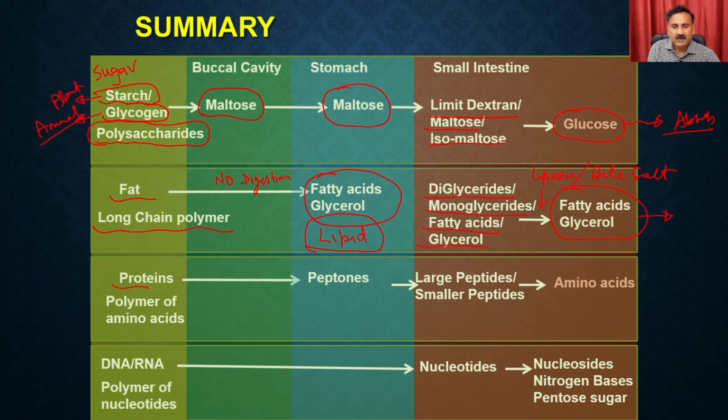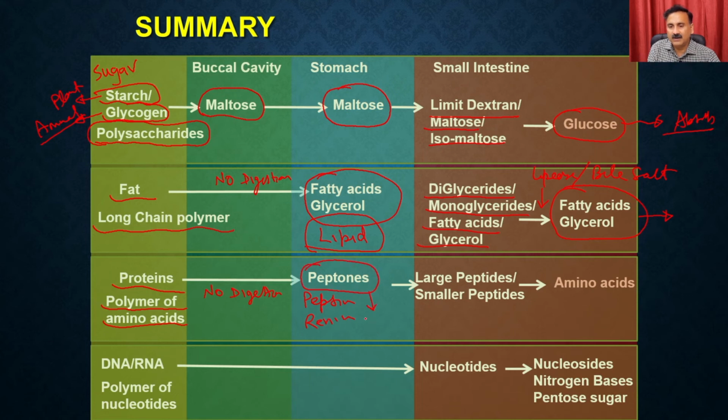Then as far as protein is concerned, which is actually a polymer of amino acids, there is no digestion in the buccal cavity, but it is going to be digested by pepsin as well as renin, and that is going to form peptones.